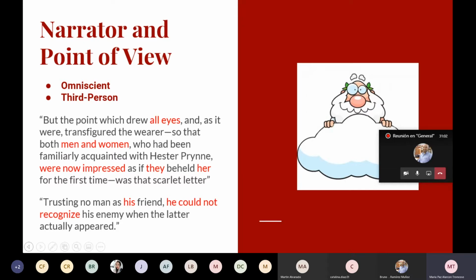He's not part of the story itself. And he also uses pronouns like they, her, his. For example, here he says men and women were now impressed, so he knows what they were feeling.